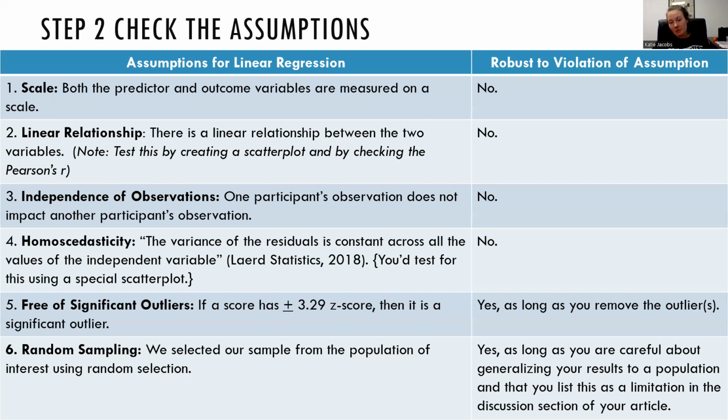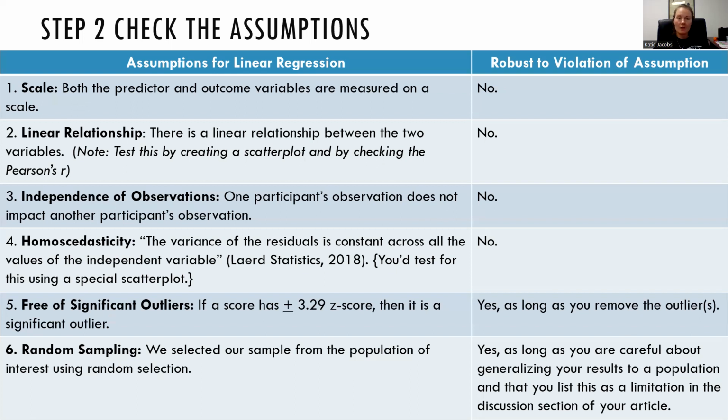If this happened, then you would need to write in your paper that you're writing your results in that you removed however many outliers and why you identified them as outliers. Although I've taught you this plus or minus 3.29 z-score criterion, there are other ways that you can identify outliers as well. So you want to make sure that you write in your paper why you did that.